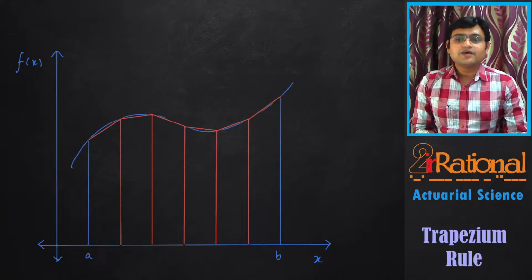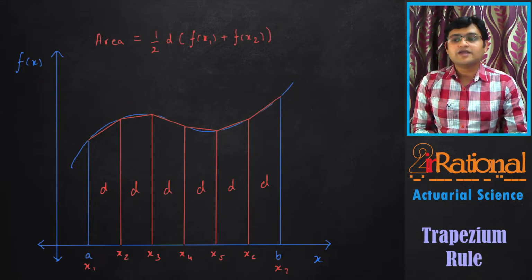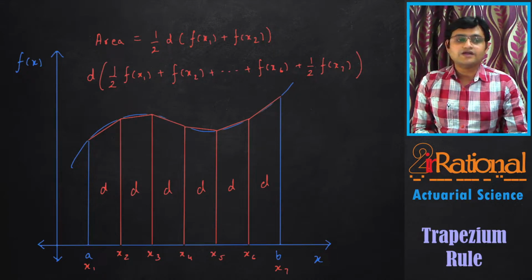Let's name the width d, and also name the points of the parallel sides x1 to x7. The area of a trapezium is half of the width multiplied by the addition of heights of parallel sides. And if we add all of the trapeziums, we get an approximation of area under the curve.